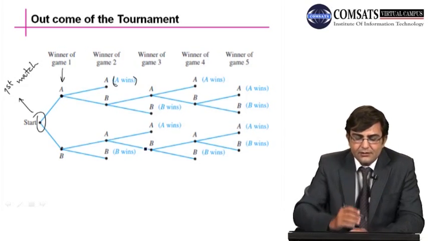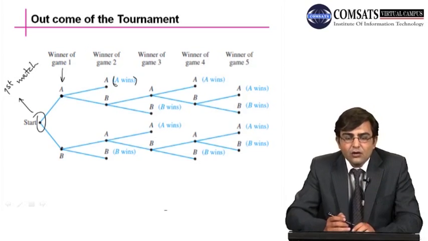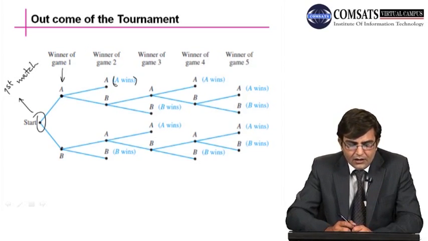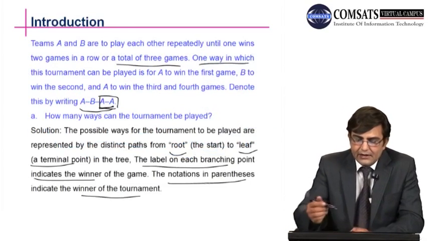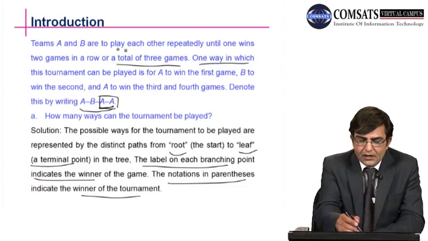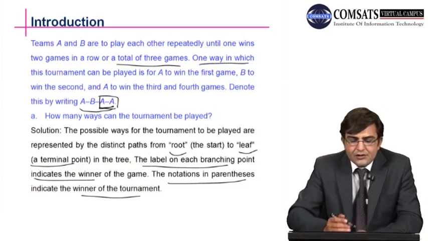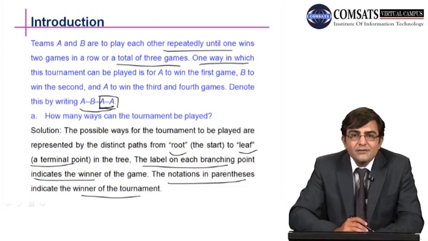Here in the parenthesis, this means that A is the winner of the tournament, because the condition, which we mentioned in the problem, is that teams A and B are to play each other repeatedly until one wins 2 games in a row or a total of 3 games.